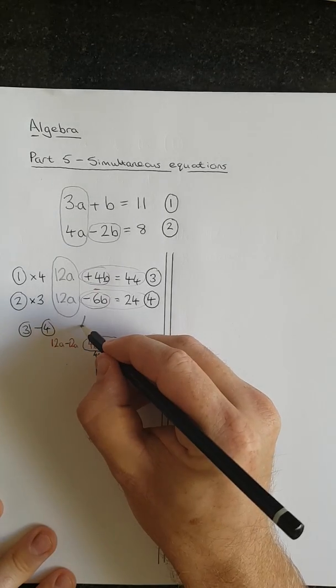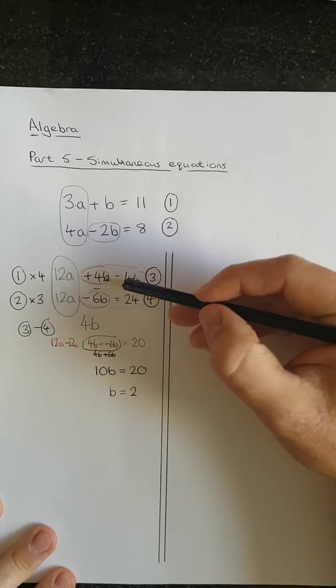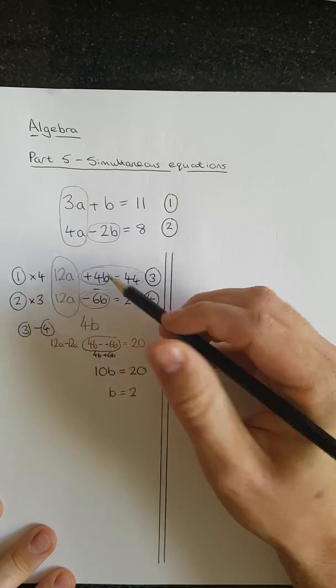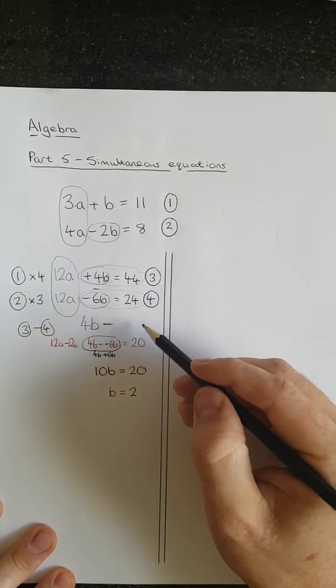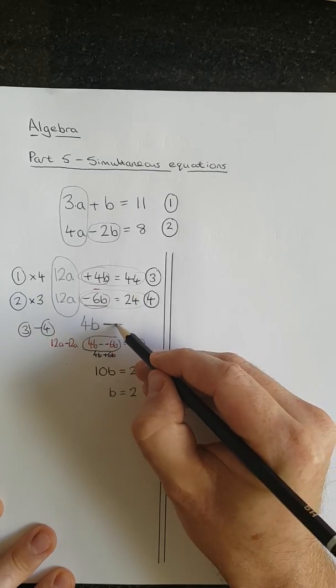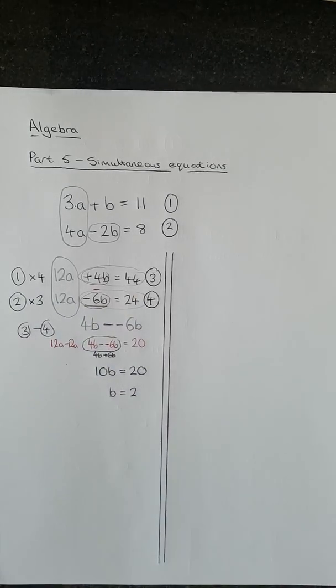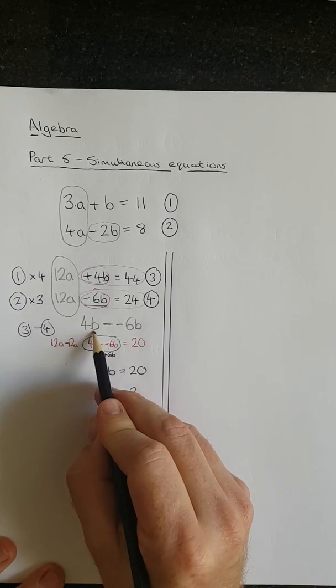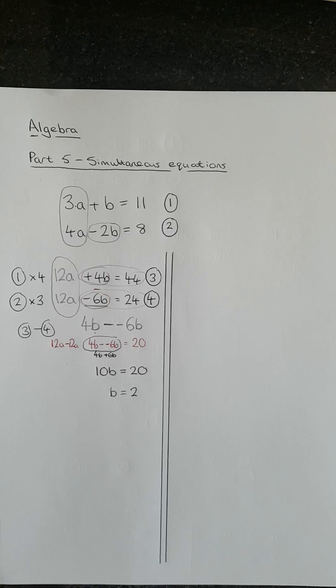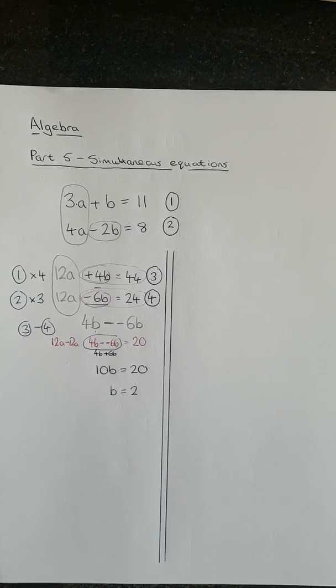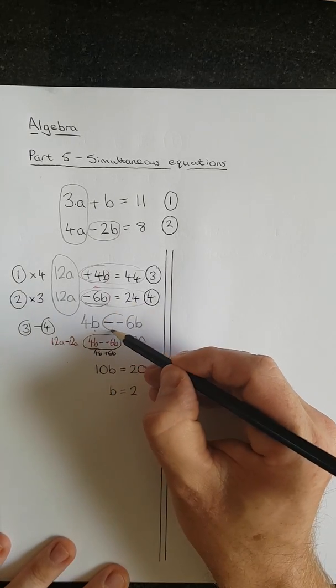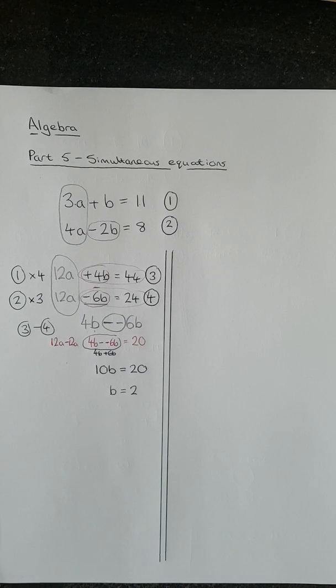Let me write it bigger so you can see it's 4b, because it was 3, subtract minus 6b, which resulted in 4b plus 6b. So as long as we're careful in one situation, the fact there's a negative makes no difference.